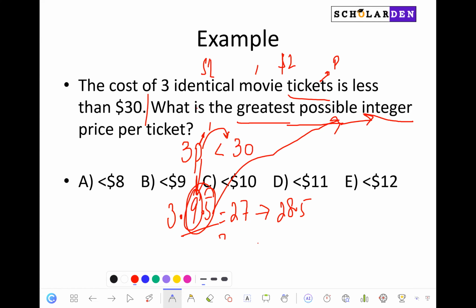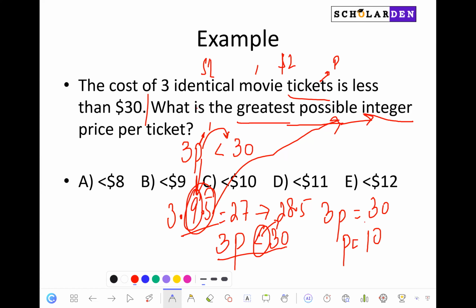So 3P is less than 30. We did this when we were doing coordinate geometry: we can convert this into a boundary. For those of you who want to learn the mathematical fundamentals, if we make this an equality, 3P is equal to 30, so P is equal to 10, dividing both sides by 3.